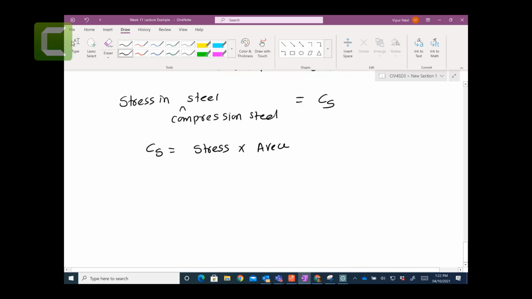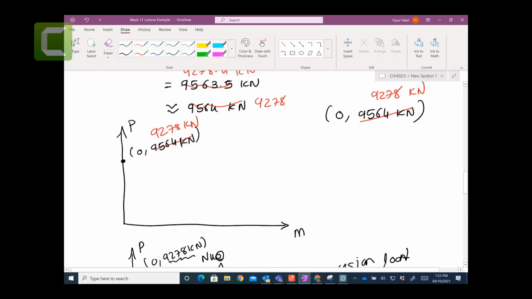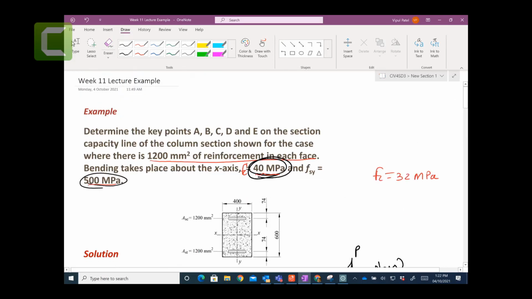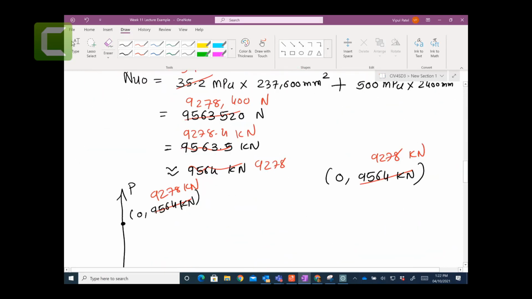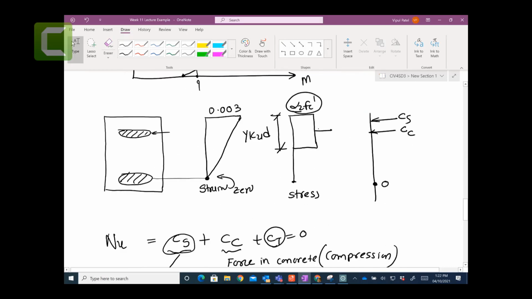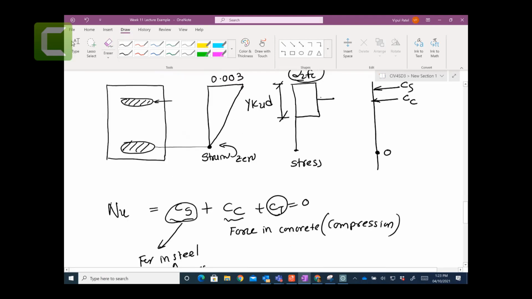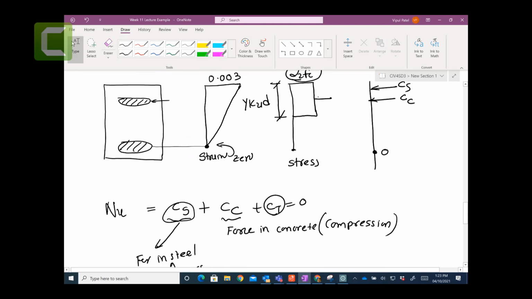Now, someone might say, how about we take 500 megapascals? No, the 500 megapascals is what we take if the steel is yielded. But we don't know whether the steel is going to yield or not. I think the neutral axis is far away, so it should be yielded, but let's calculate that.